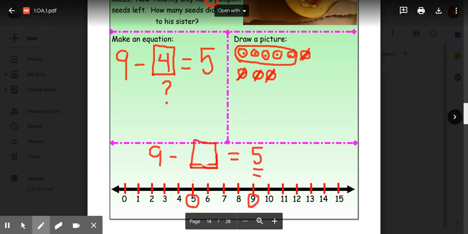And remember, I'm going backwards on the number line because I'm subtracting, which means my number gets smaller. 1, 2, 3, 4. I jumped 4 times to get to 5. So Timothy started out with 9 pumpkin seeds. He had 5 left and gave 4 away. All right, let's move on.